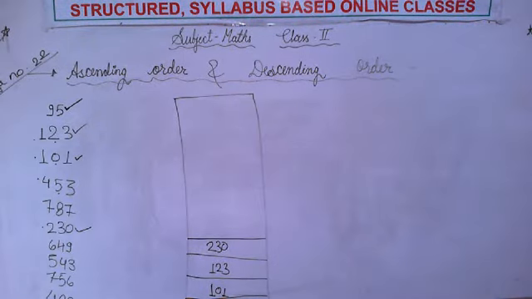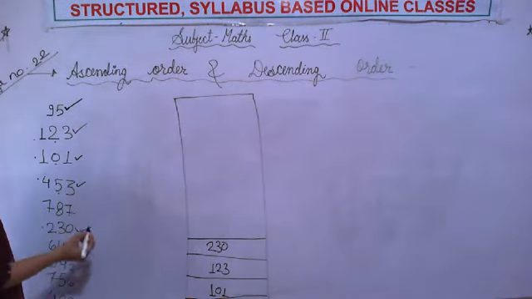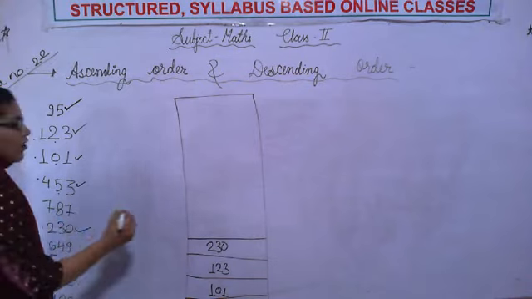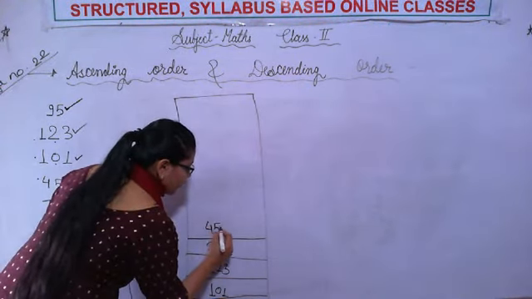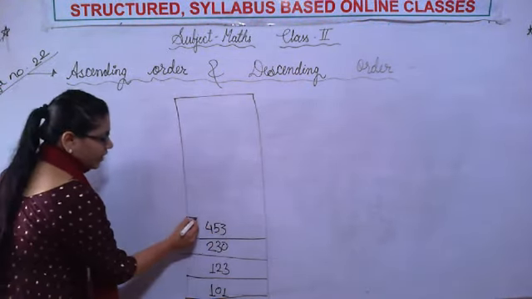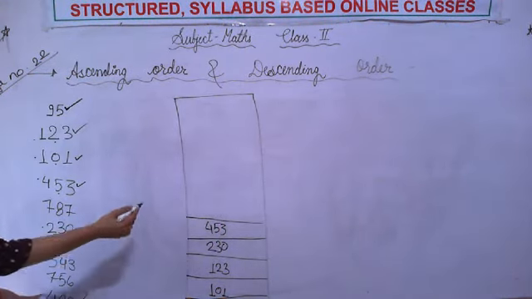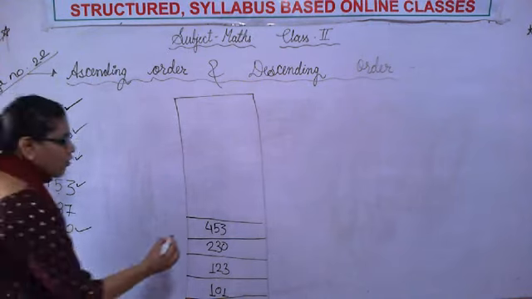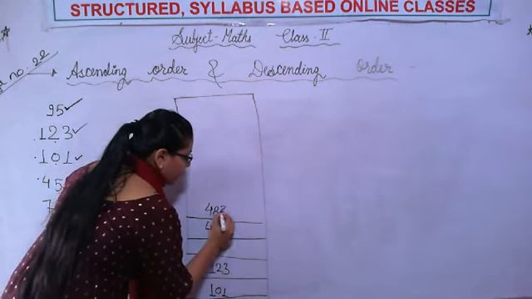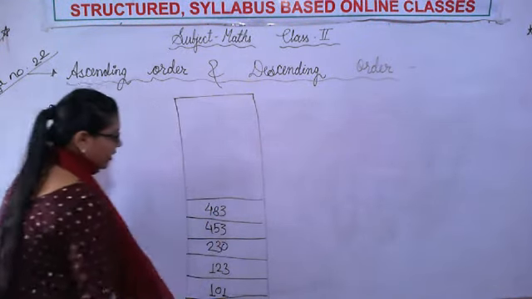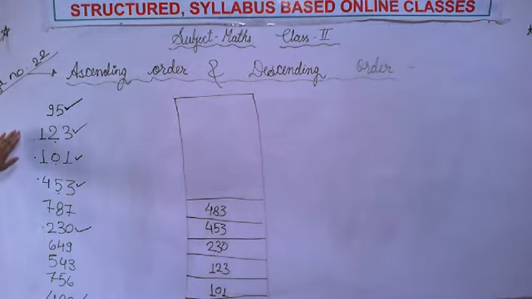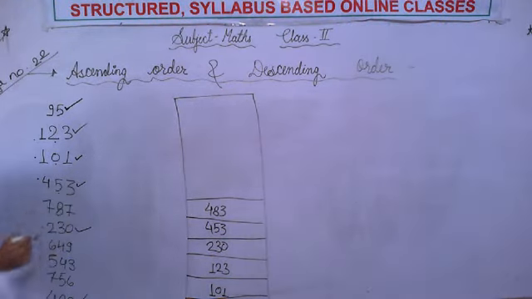Very good. 5 is smaller. It means our next number in ascending order is 553 and then 453 and then our next number will be 483. Now we have taken 4 also.